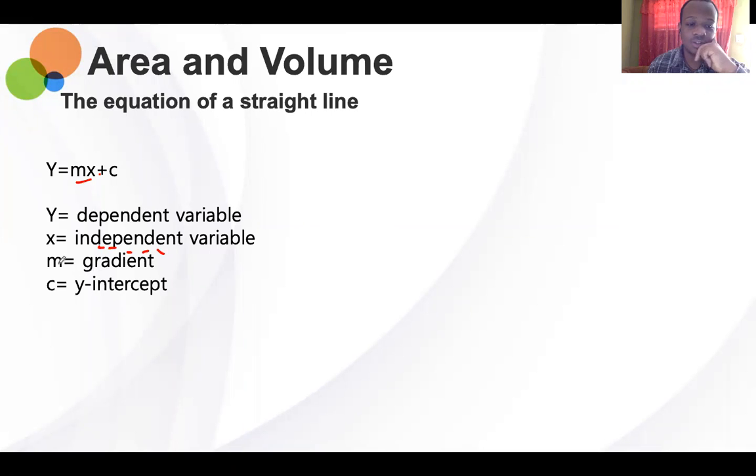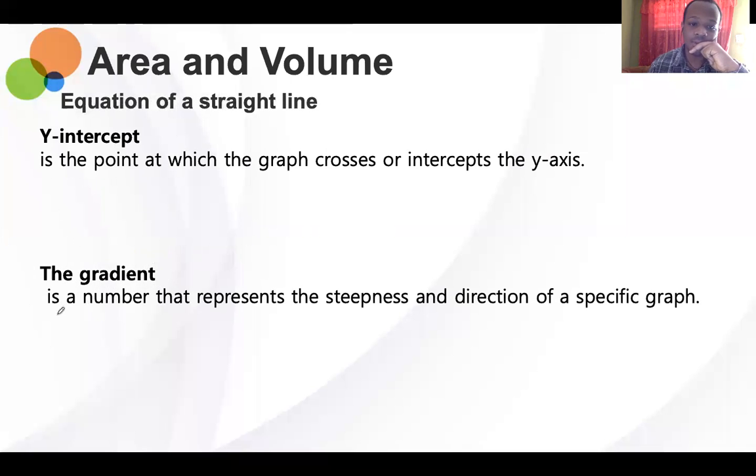Now we move on to the gradient and the y-intercept. So the gradient is essentially a number that represents the steepness and direction of a specific graph. So what does this mean?